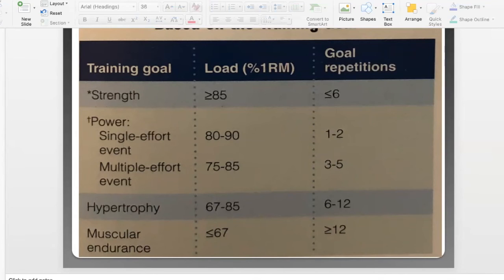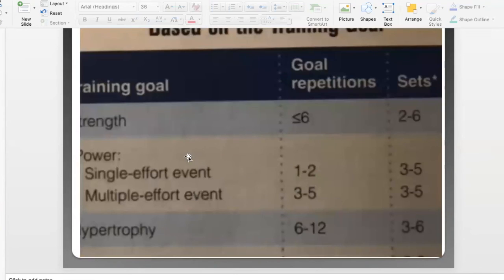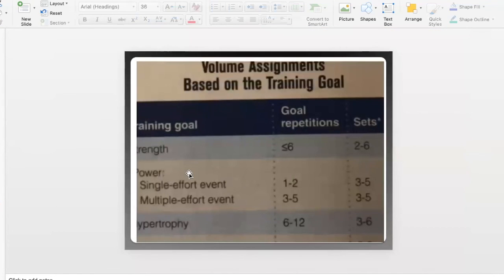Right, so that's where those guidelines in my hypertrophy section come from, 6 to 12. All right, now if your training goal is, now you see this says 2 to 6 sets, 3 to 5, 3 to 5, 3 to 6, and all of them include the number 3. So because of that, I just do 3 sets of 10 exercises, 3 sets of 10.